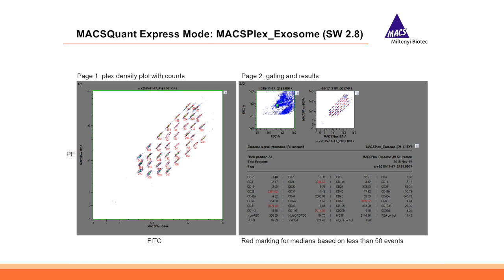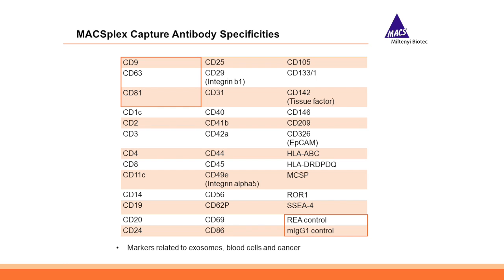And on the second page, it shows the gating and the results already summarized in a table. So you get all the signal intensities calculated, and you can export the results, for example into Excel, to generate the bar charts.